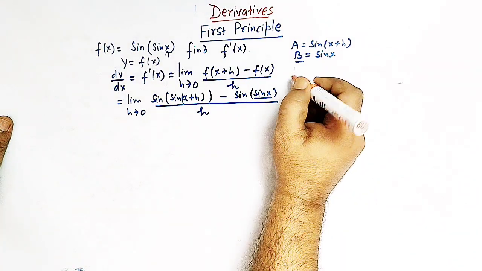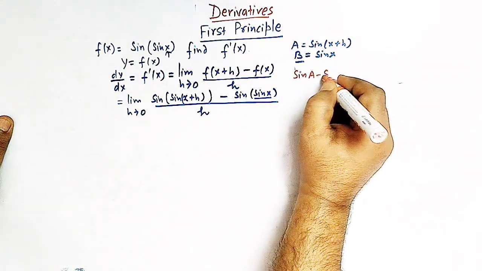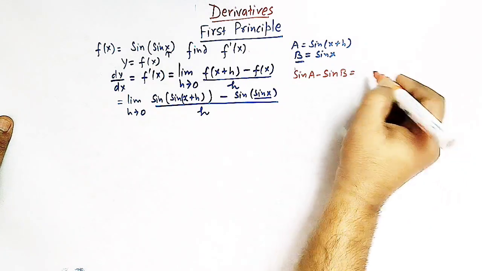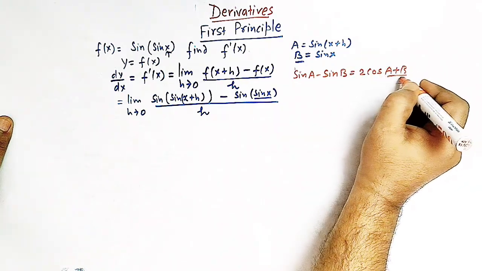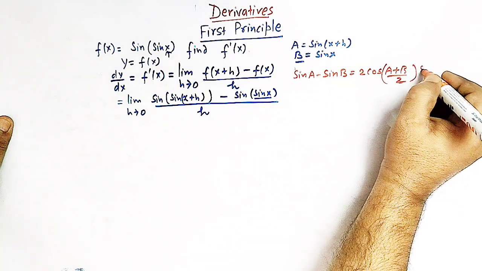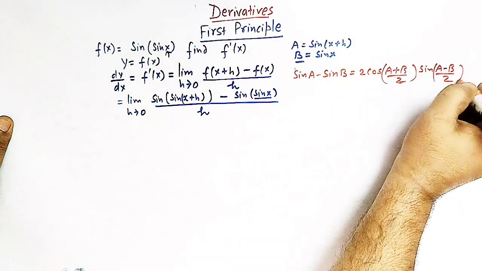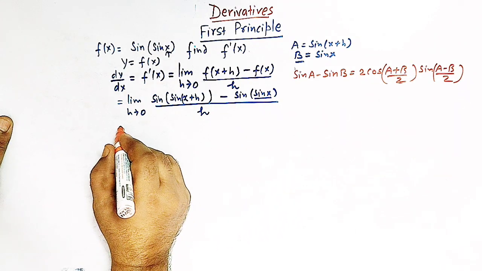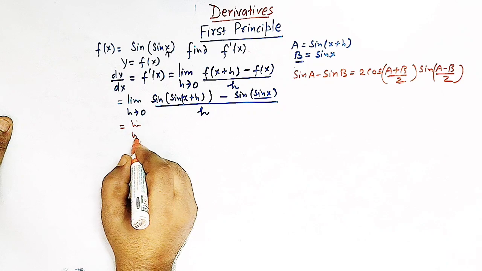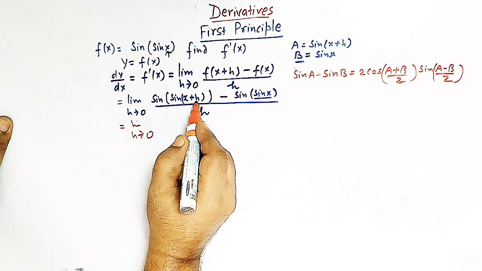Now we have this identity, that is sine A minus sine B is equal to 2 times cos of A plus B over 2, and sine of A minus B over 2. So we'll apply this identity to simplify the numerator. So we have limit h tends to 0, and here sine of sine x plus h.